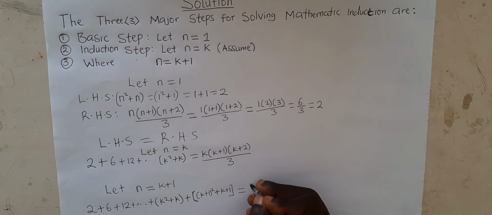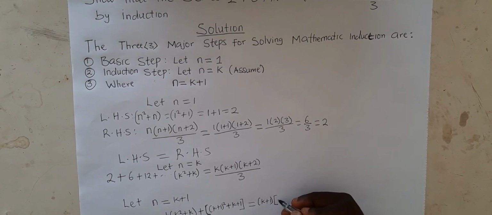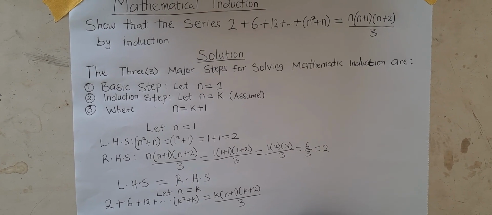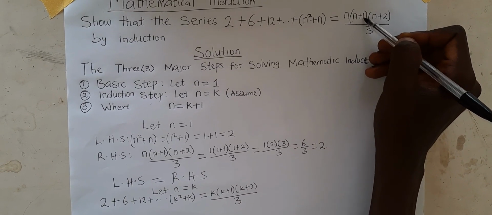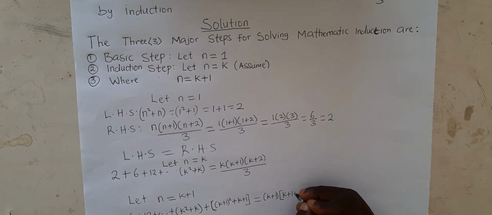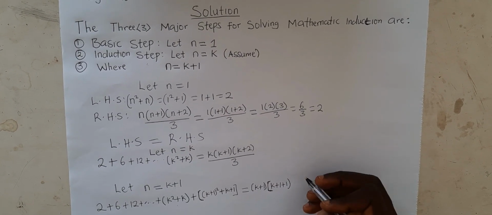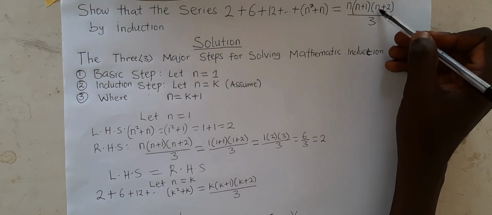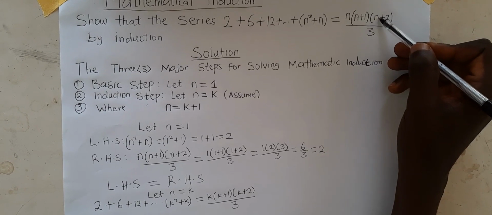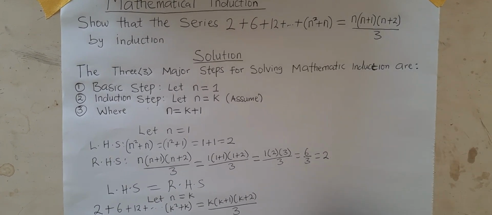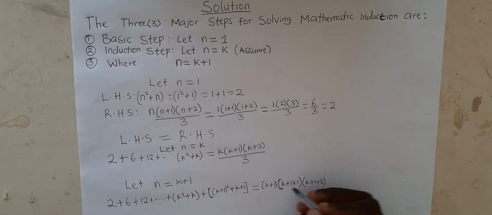So at the right hand side, we have k plus 1, open another bracket, k plus 1. I'm replacing this n with k plus 1, but mind you there's another plus 1 here, so I will add it, which gives me plus 1, into another bracket. I'm replacing this n with k plus 1, and there's another plus 2 here, which gives me k plus 1 plus 2. Everything all over 3.